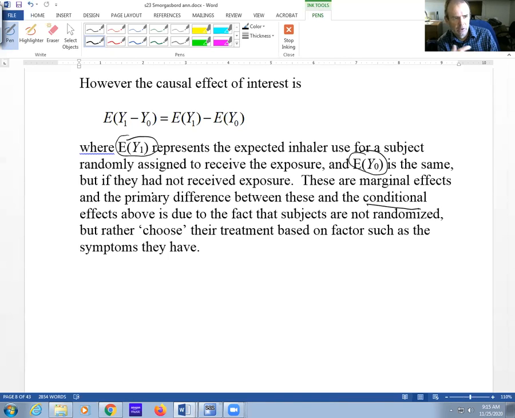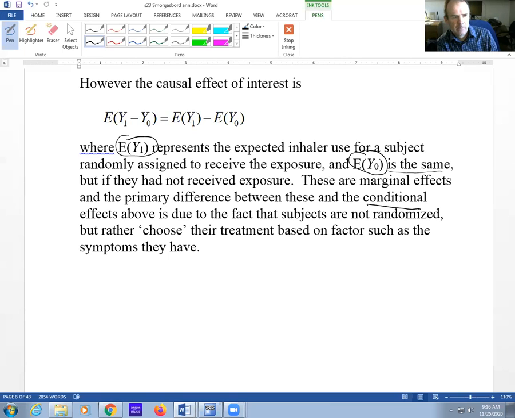And the expected value of Y1 is the expected inhaler use for somebody that's randomly selected and then randomly assigned to the exposure. And Y sub 0 is the same, but where they were not randomly assigned to receive the exposure. And so you can see the difficulty with this situation is that what we observe is only one of them, right? We only observe a kid on a given day that either had exposure or not, and it wasn't randomly assigned.